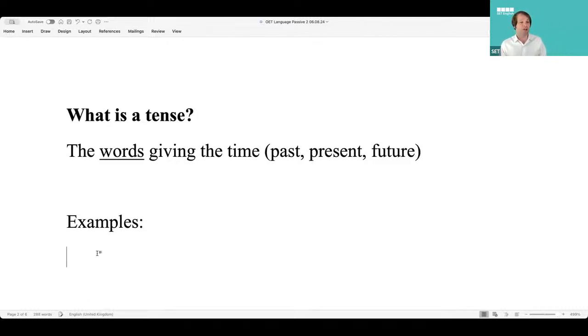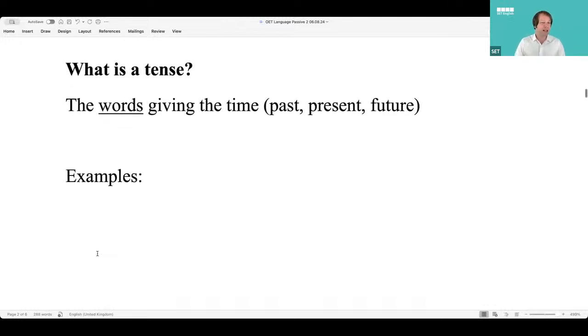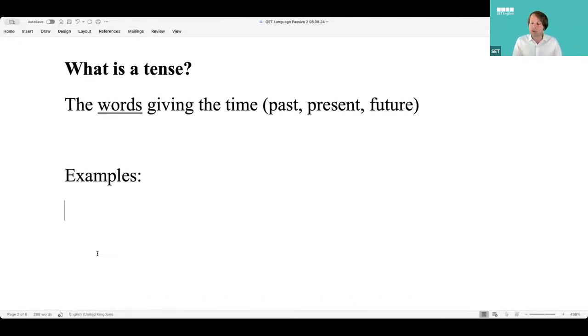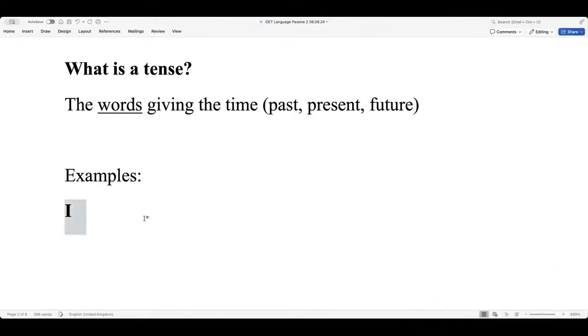Can you give me an example of a tense? Anything. Past simple, continuous, perfect. Give me an example of a tense. Perfect times. So give me a perfect example.